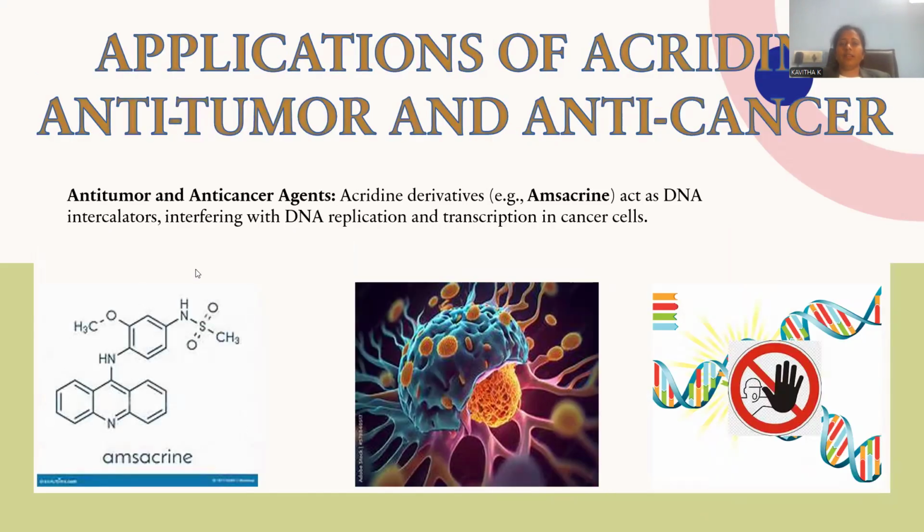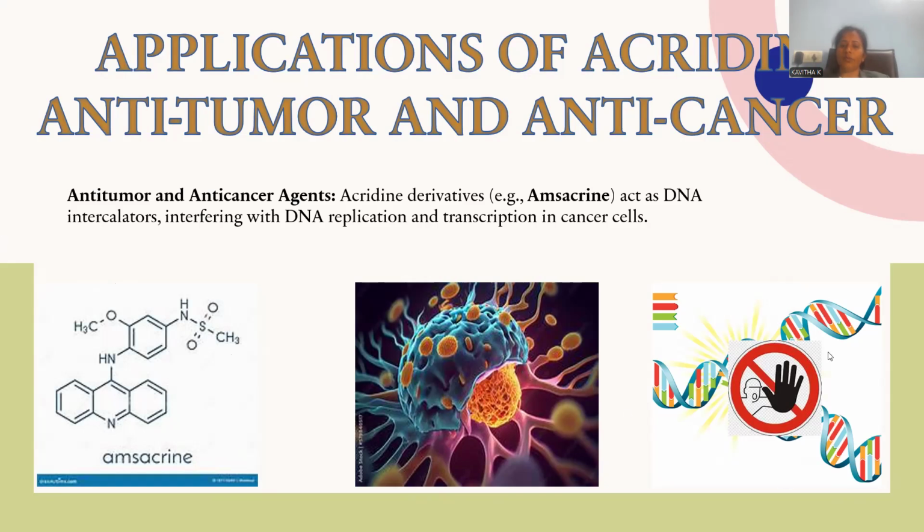Now, applications are extended towards anti-tumor and anti-cancer activity as well. There is amsacrine, which takes advantage of the intercalation property of this acridine molecule, where you can locate the acridine and sulfonamide moiety that is efficient at reducing the propagation of tumor cells, so that it is a chemotherapeutic agent.